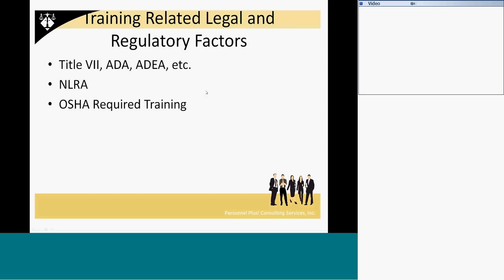There are some laws that affect training. Again, Title VII, the various discrimination laws, the National Labor Relations Act, OSHA, the Occupational Safety and Health Act, actually has some required training requirements, but most of the laws that apply to training speak to the results of the decision to train or not train.